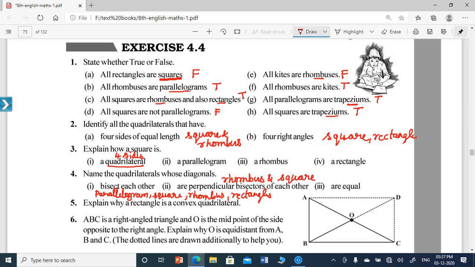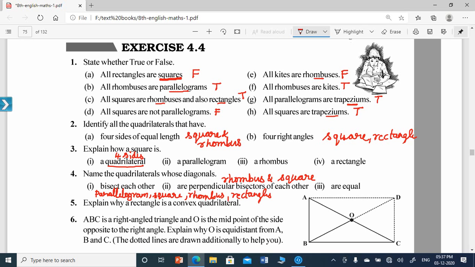In kite, diagonals are perpendicularly intersecting, but they are not bisectors. So, diagonals are not perpendicular bisectors in kite. So, the quadrilaterals in which diagonals are perpendicular bisectors are rhombus and square.